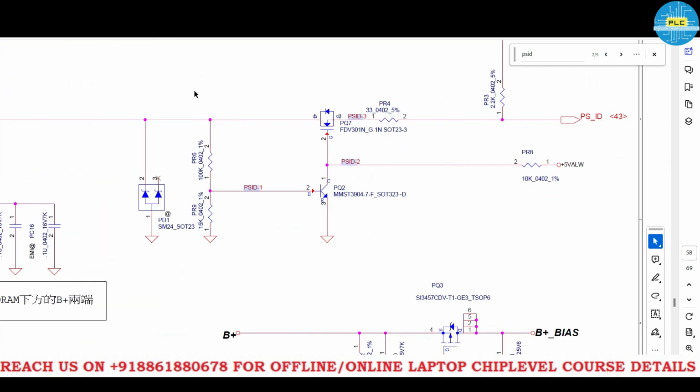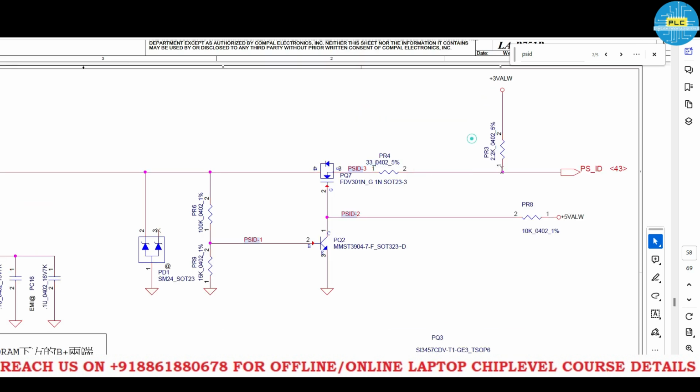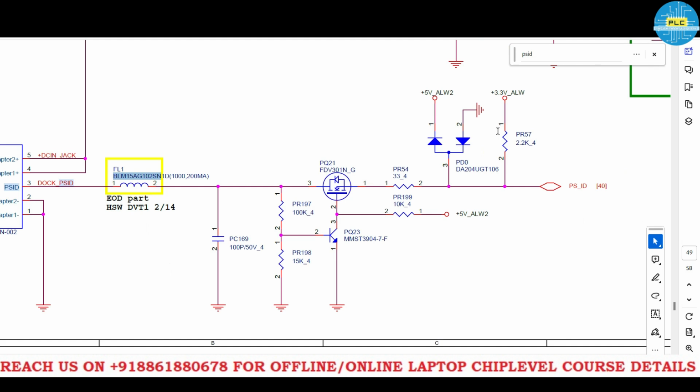Okay, the circuit, MOSFET and transistor circuit, 2 resistors, and here 33 ohms resistor and supply 2.2K. See, in the previous schematic 2.2 and 33 are common, and this circuit was also common, and this one was varied.